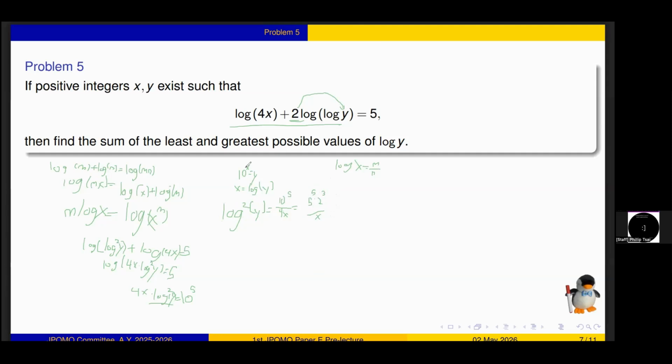So we just need to find the greatest and least possible values of x because log y and x are inversely proportional, such that 5 raised to the 5 times 2 cubed over x is a perfect square.